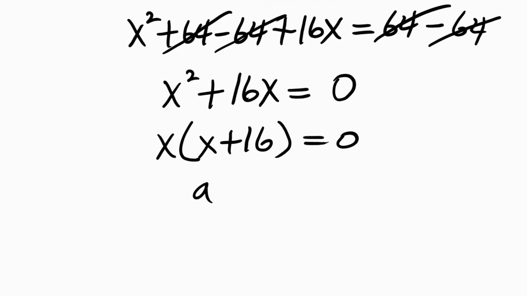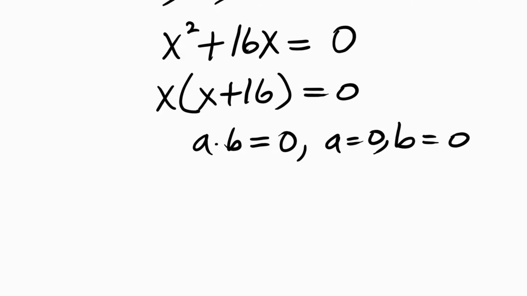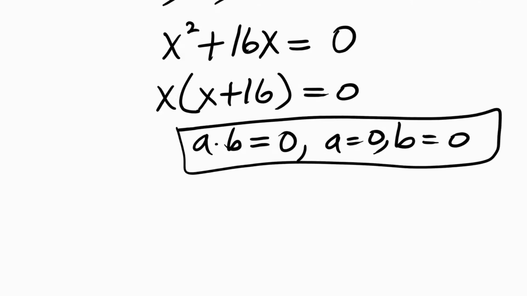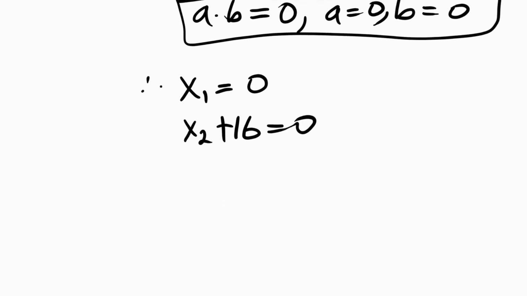In this case, this is just like having a times b equals 0, where a is equal to 0 or b is equal to 0. Therefore x1 is 0, and x2 + 16 is equal to 0, so x2 is equal to −16.